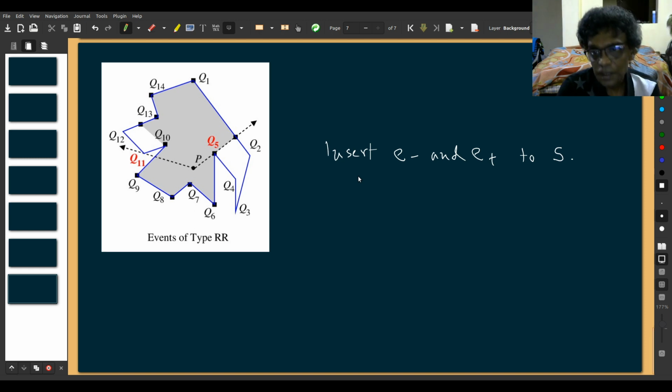The next question is, S is always kept sorted with respect to the distance of the active lines from P along the ray. At this point, both E minus and E plus are equidistant from P. So in which order will I insert?